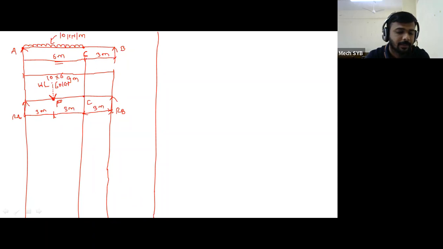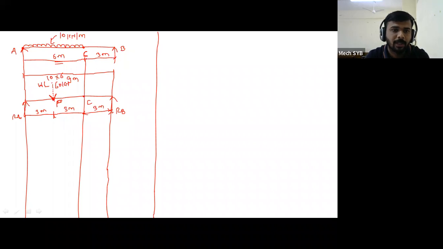Point P. This is not an original point. This is just for your understanding. Please keep in mind, otherwise the beam is subjected to only 3 important points: A, B, and C. P we have represented just for your understanding.